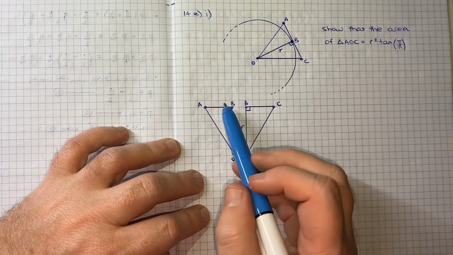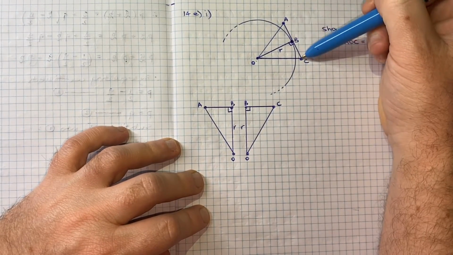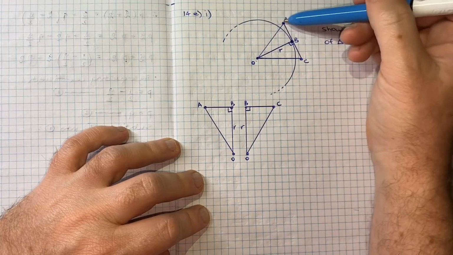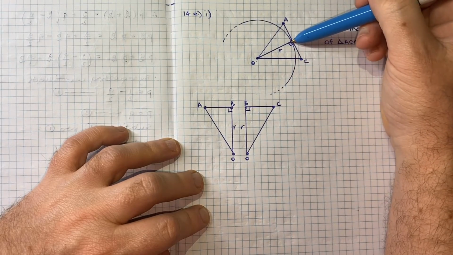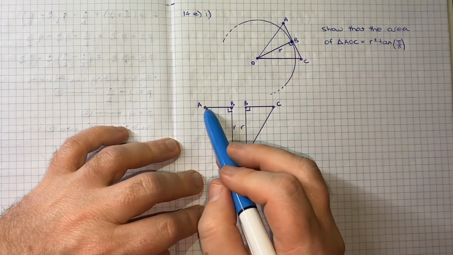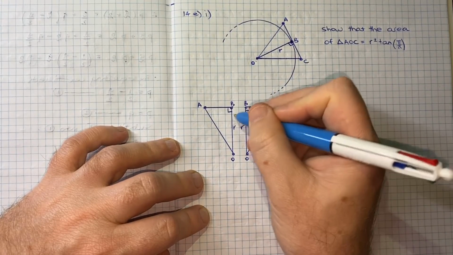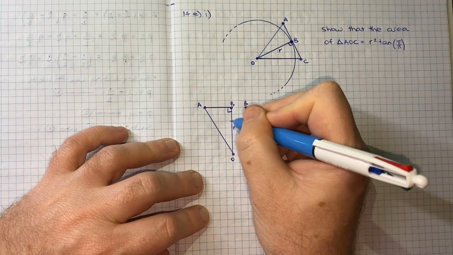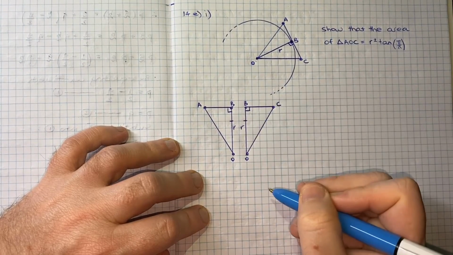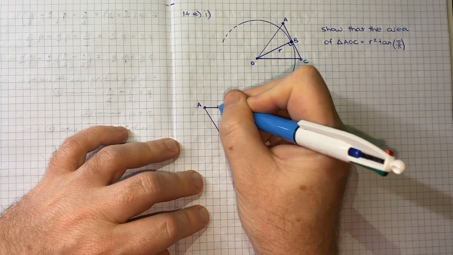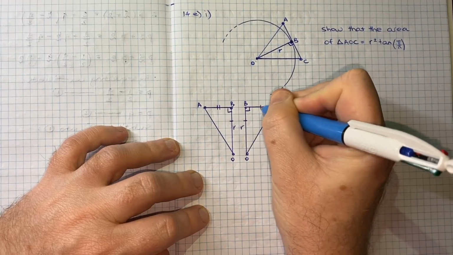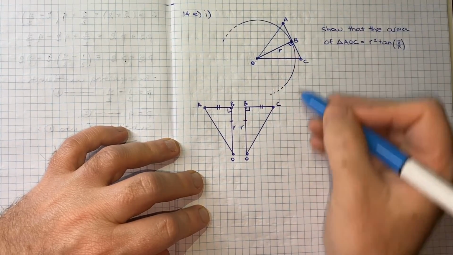Now we're told that each side of this polygon will be tangential to the circle at its midpoint. So we know that AB and BC will be equal. We've already got OB as being the same. These two sides are identical, and we know these two sides are equal because we're told that B is the midpoint of AC.